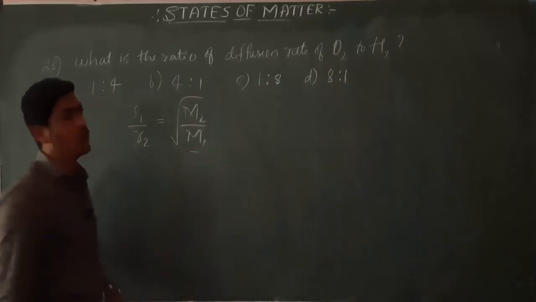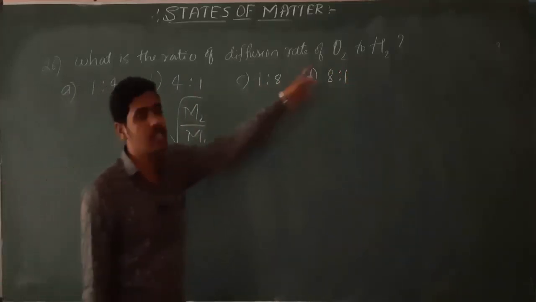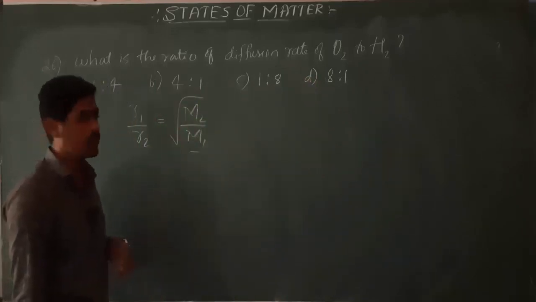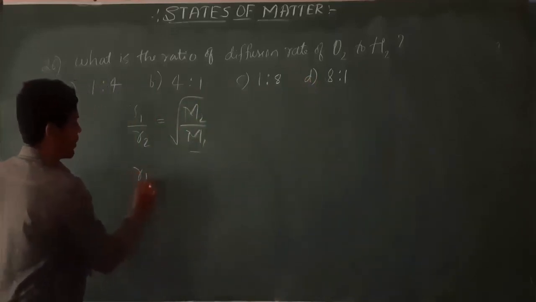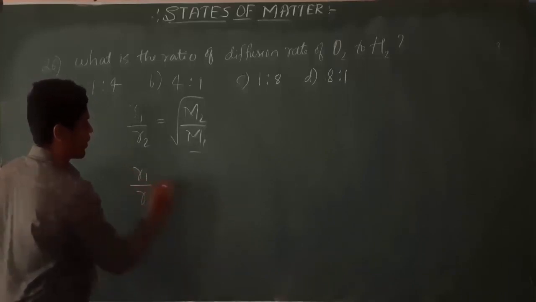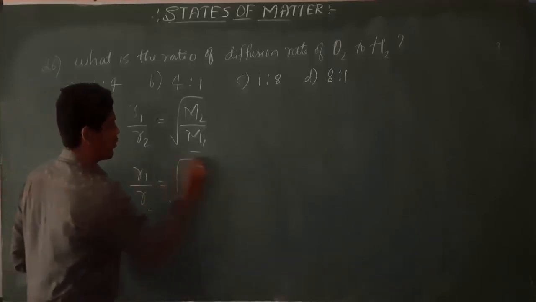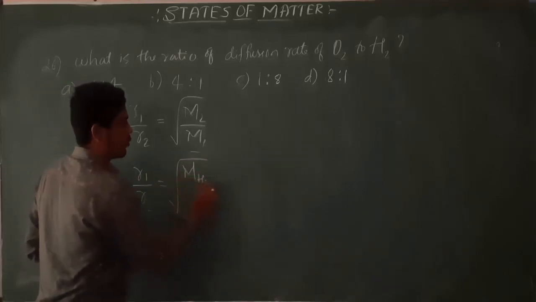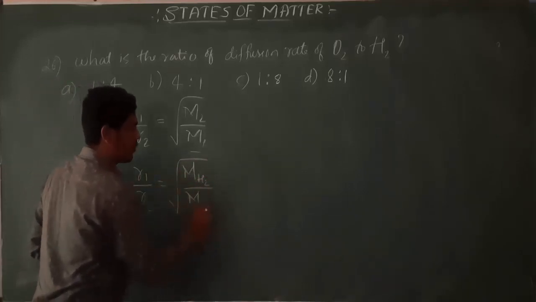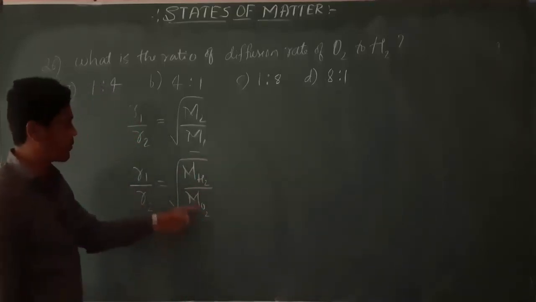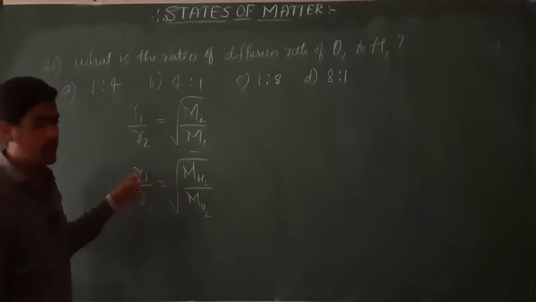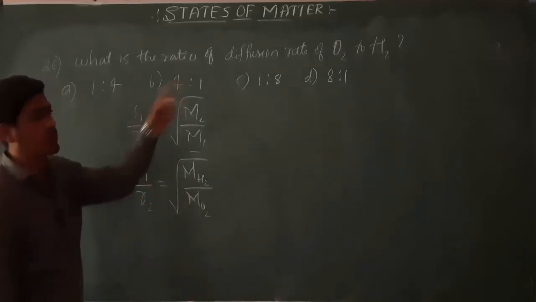M1 is molar mass of oxygen. M2 is molar mass of hydrogen. So R1 divided by R2 is equal to square root of, you can also write it as MH2 divided by MO2, molar mass of hydrogen over molar mass of oxygen. And R1 is, remember, rate of diffusion of oxygen gas.